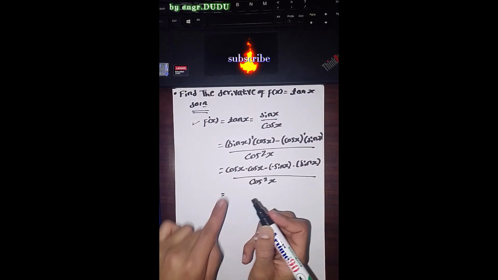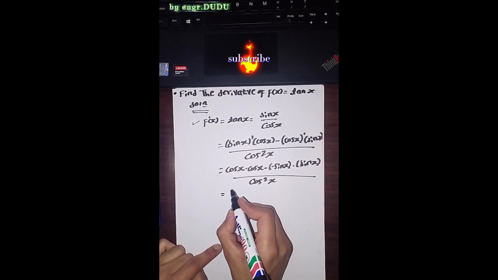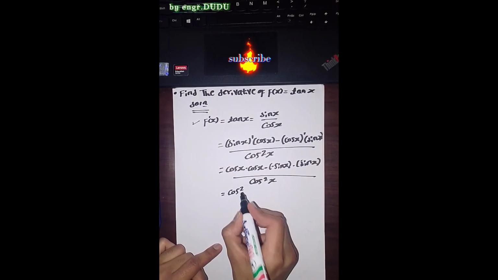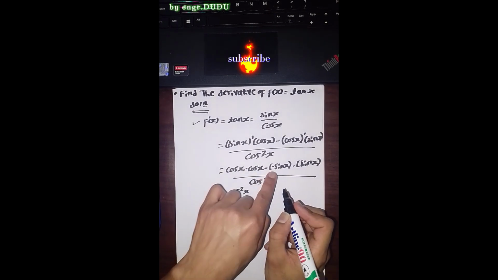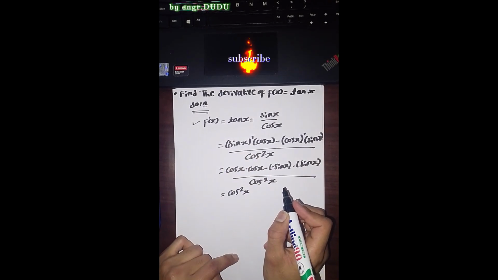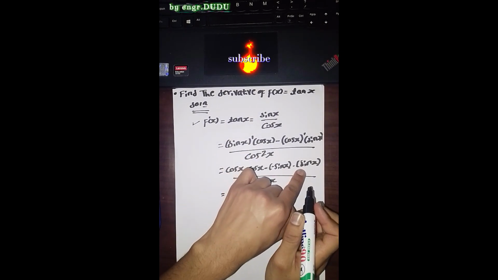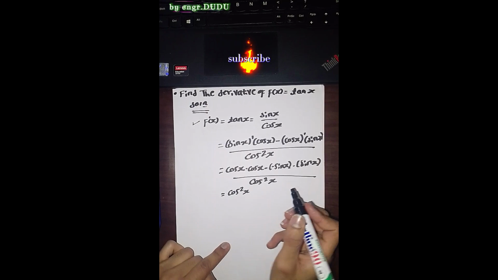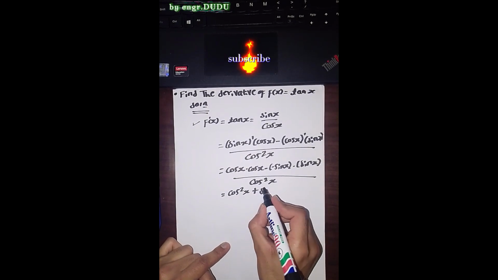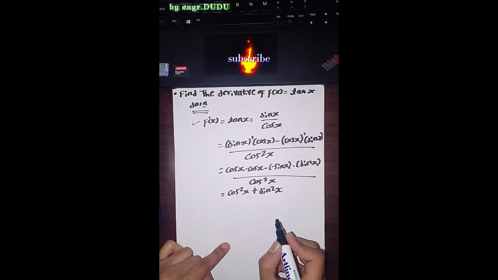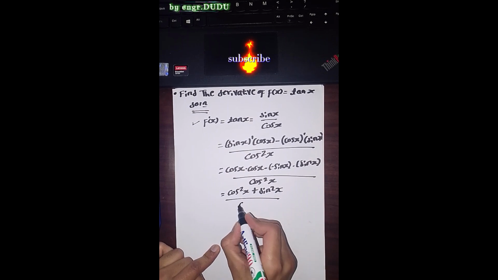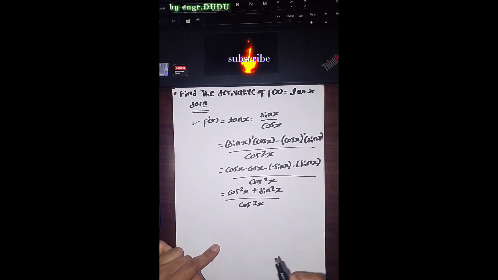Then cos x times cos x is equal to cos square x, minus times minus is positive, so plus sin x times sin x, plus sin square x, over cos square x.